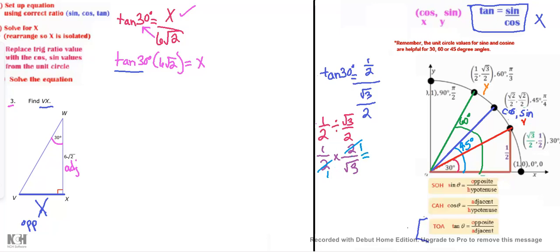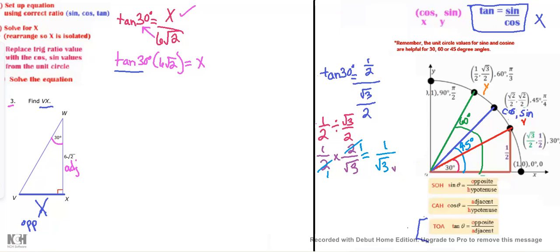Then if you multiply straight across, you have 1 on the numerator and the square root of 3 in the denominator.